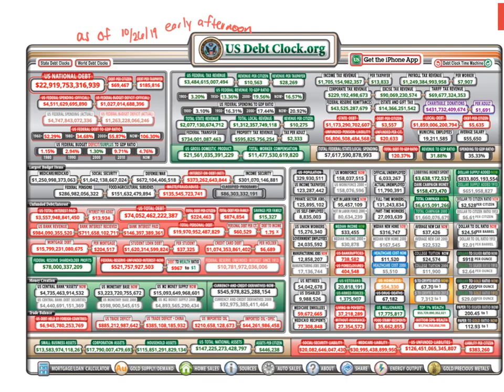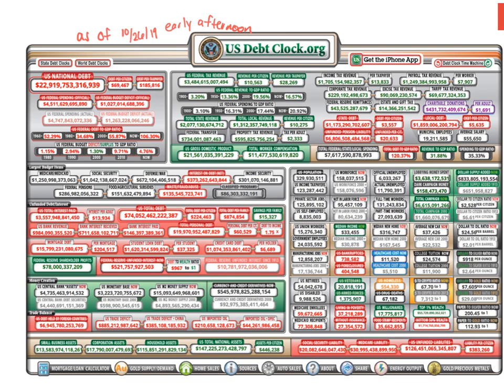So you might be wondering, if the U.S. has consistently been running a budget deficit, doesn't that mean that we would have a very large national debt? And the answer is yes. So you can look at this if you go to usdebtclock.org, which kind of keeps track of how our U.S. national debt is changing. And so this screenshot was taken on October 26th, Saturday, in the early afternoon.